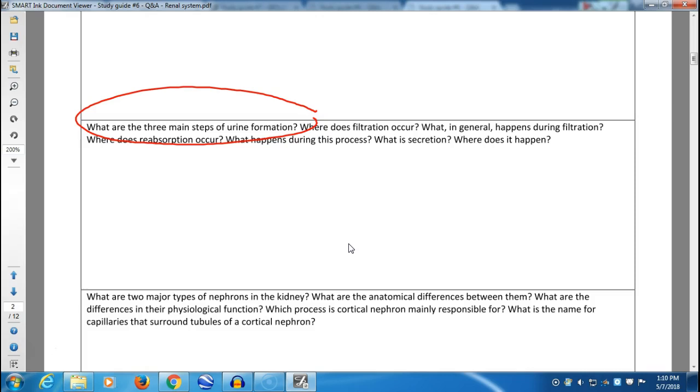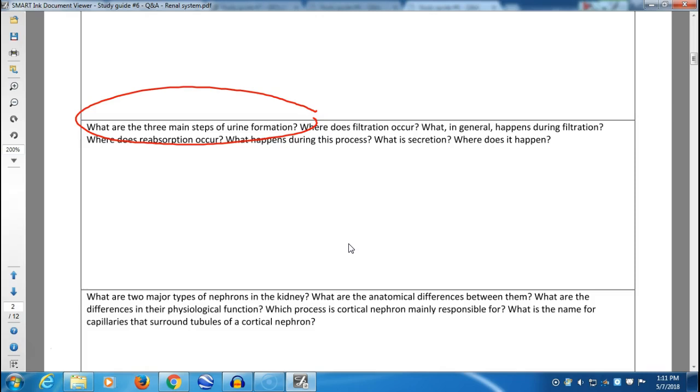Okay, we got this. So, clearly understand, filtration is everything goes from the blood to the filtrate. Everything except proteins and anything bigger than the protein. Which cells are responsible for the filtration? Podocytes. Filtration occurs because small molecules can go between filtration slits, and large molecules cannot.